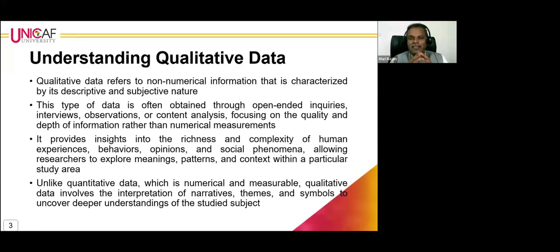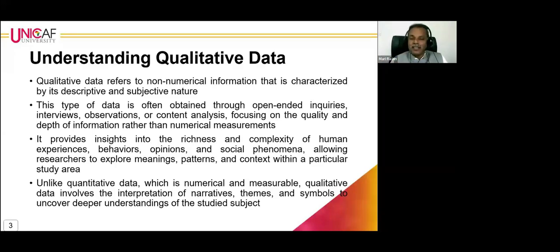Any non-numerical information is considered qualitative data. In practical terms, any data collection instrument that is not asking for numbers, not asking yes or no type of questions, collects qualitative data. So any kind of data derived from your respondent without numbers, even though in some qualitative tools you can get some numbers, but for the most part qualitative data is non-numerical information, either in the form of words, diagrams or pictures.